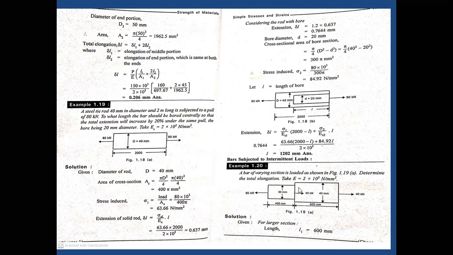A bar of varying section is loaded as shown in the figure. Determine the total elongation, and take E equals 2 into 10 to the power of 5 Newton per mm square. So this is another concept. Up to now we have discussed only cases with no internal loads.